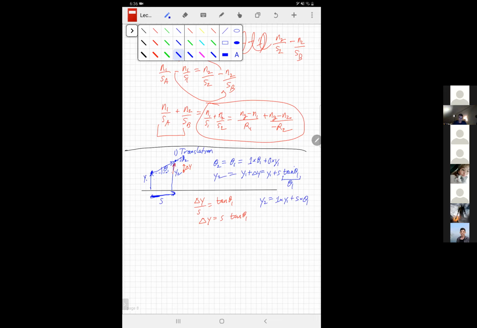And what people do to express these relationships is they represent the ray with a vector. And there are at least 3 different notations. You've got theta 2, y2, or y2 theta 2, or, and here I admit I'm deviating from the book, some people will write n2 theta 2, y2. The reason why they write n theta instead of theta is because n theta, or n sine theta, doesn't change at a vertical surface.